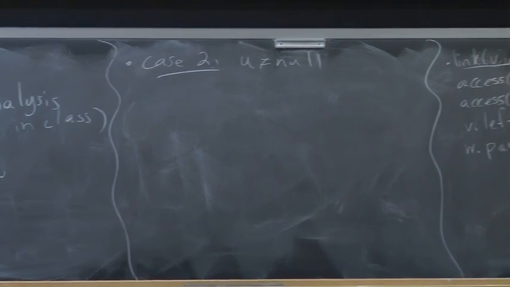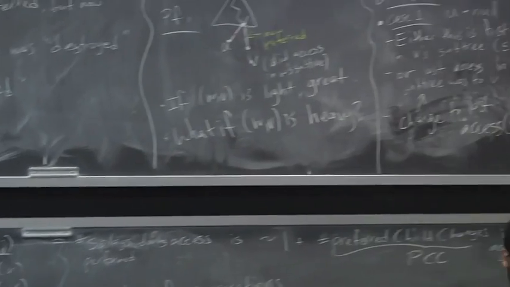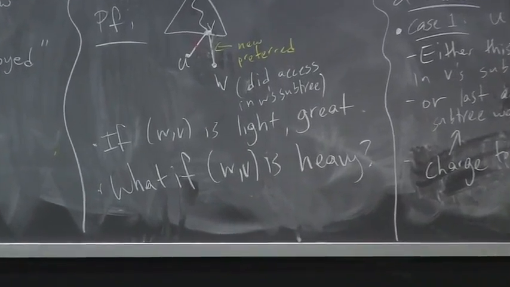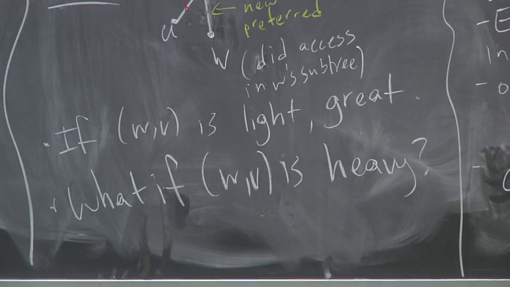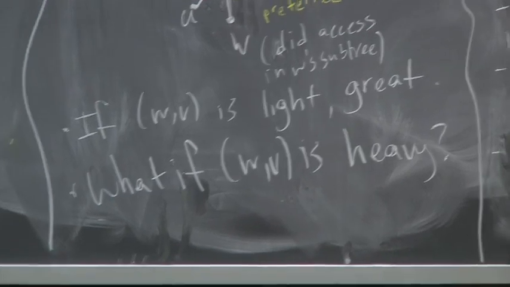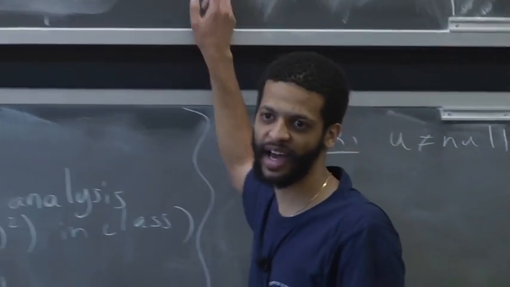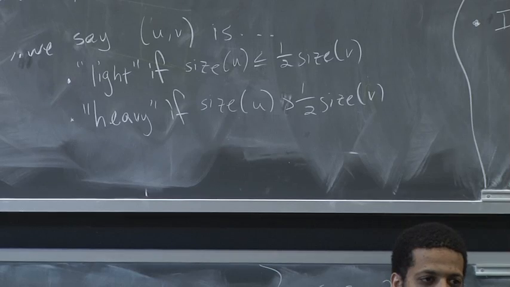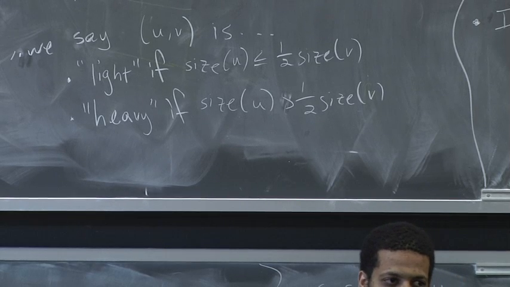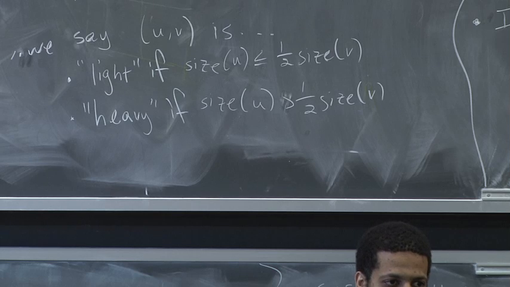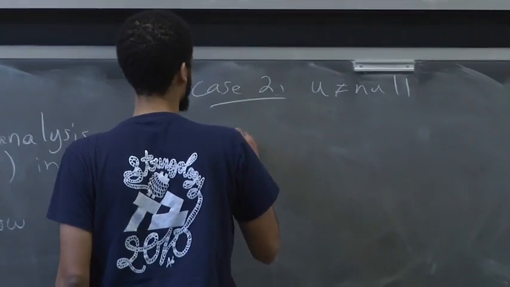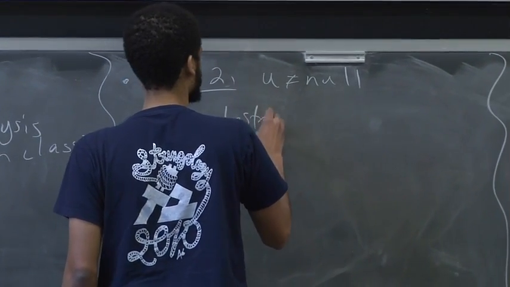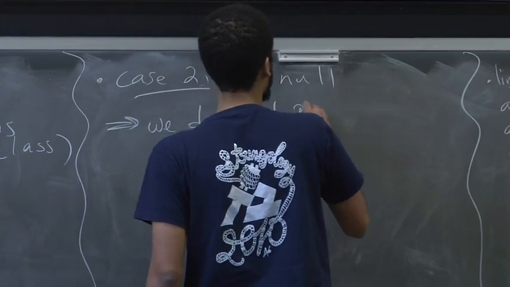What can you tell me about UV? Can a vertex have 2 heavy children? No, right? Because what does it mean to be heavy? The size is strictly more than a half. This subtree has strictly more than a half of the descendants of V. So it can only have at most 1 heavy child. So this implies we destroyed some preferred light edge.